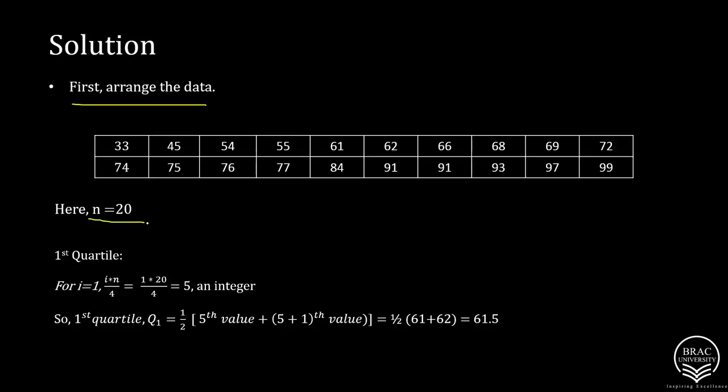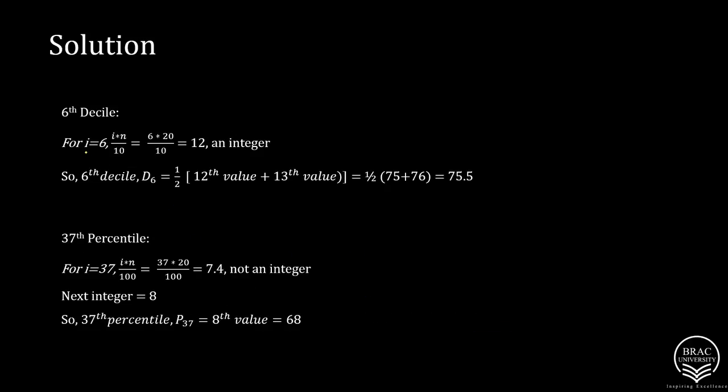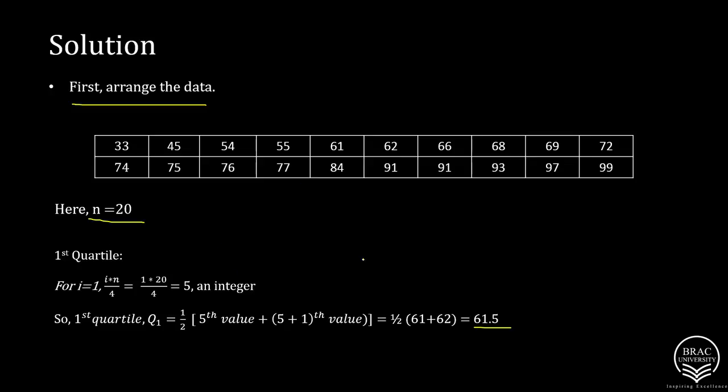Here n is 20. So for the first quartile, for i equal to 1, i times n by 4 is 5. So the first quartile will be the 5th plus 6th value and their average. So it is 61.5. Similarly, the third quartile is not calculated here. We can calculate it easily. It will be 3 into 20 by 4, that is 15.